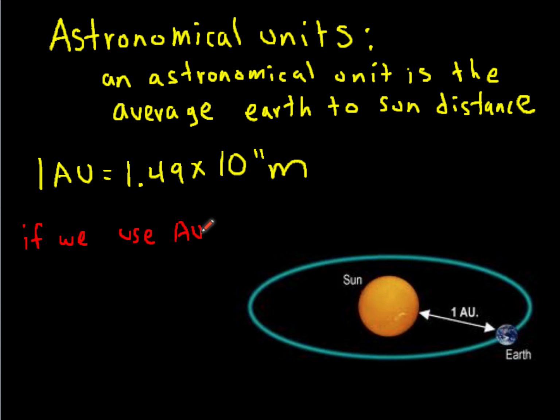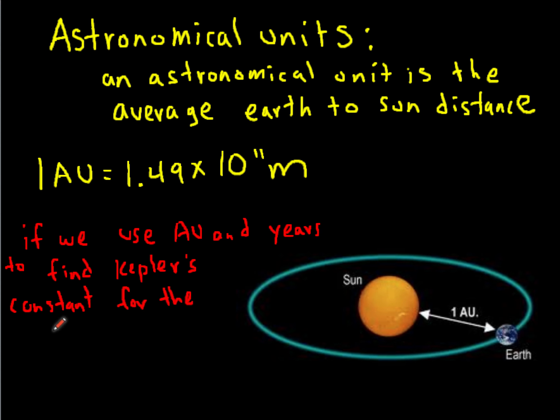If we use astronomical units and years in Kepler's law formula to find Kepler's constant, things get a lot simpler. It allows us to get a Kepler's constant for the Sun equal to just 1.